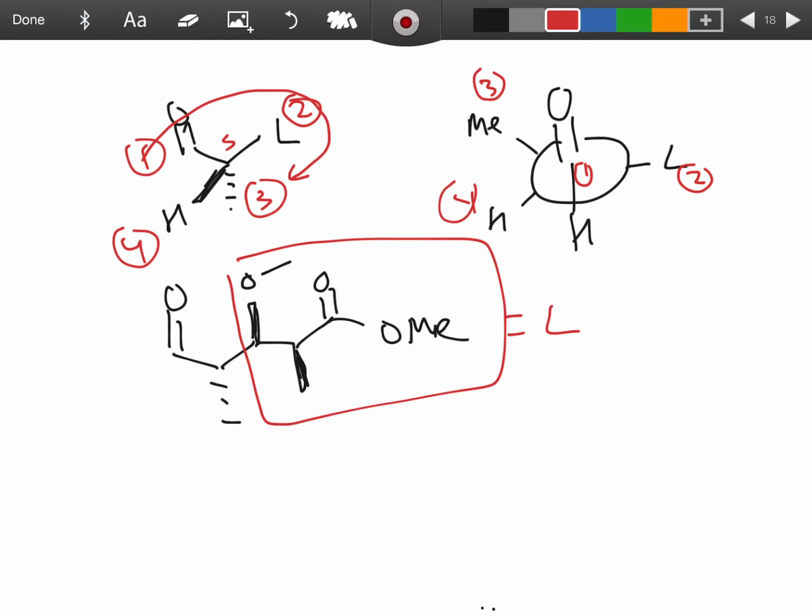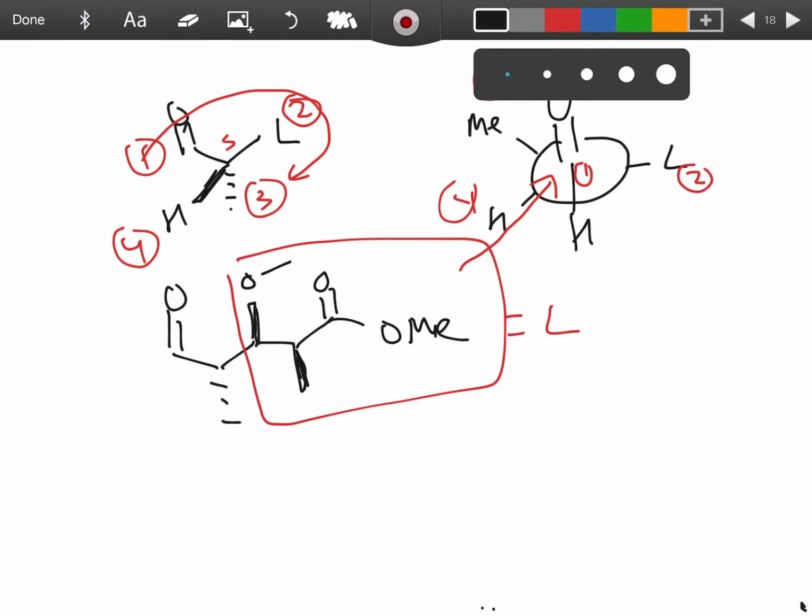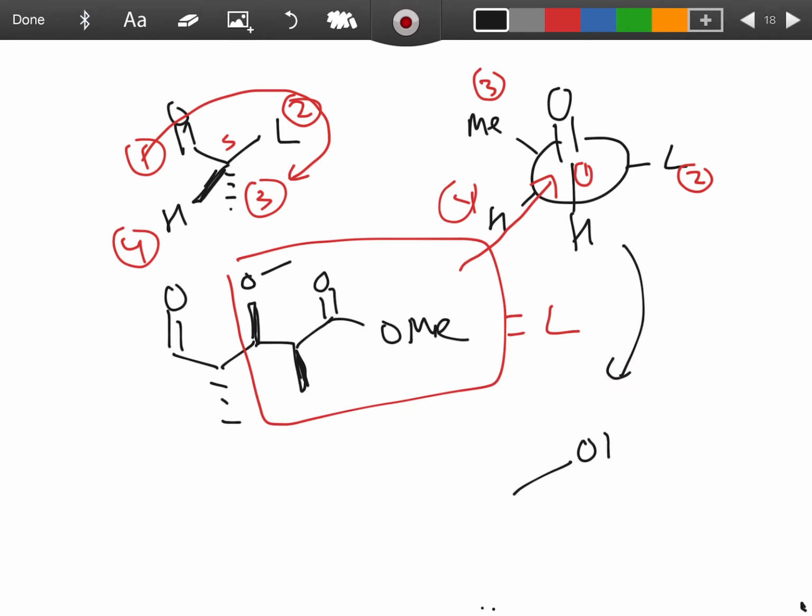And now my nucleophile will come along this path here and add. So that's going to put my OH and my hydrogen here, my nucleophile there, and then methyl, hydrogen, and my big group.